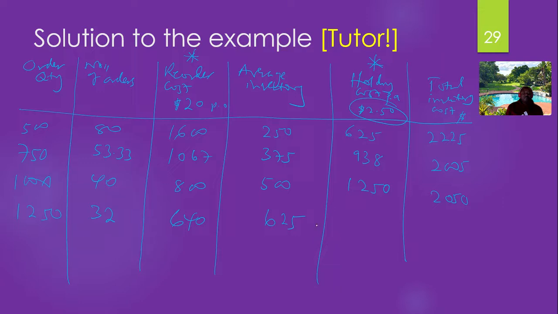That's 1563. Then we have to add up 640 plus 1563, which are the reorder cost and holding costs respectively. Then we get 2203.